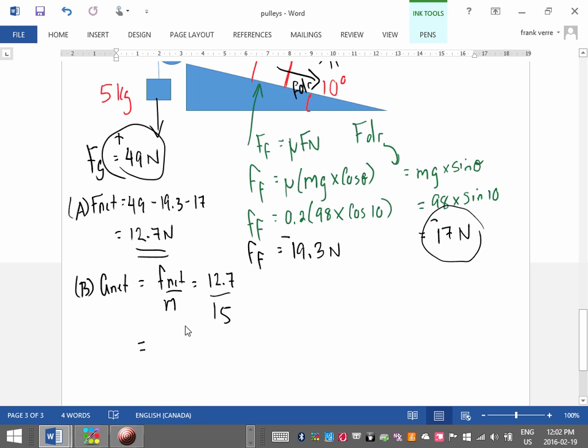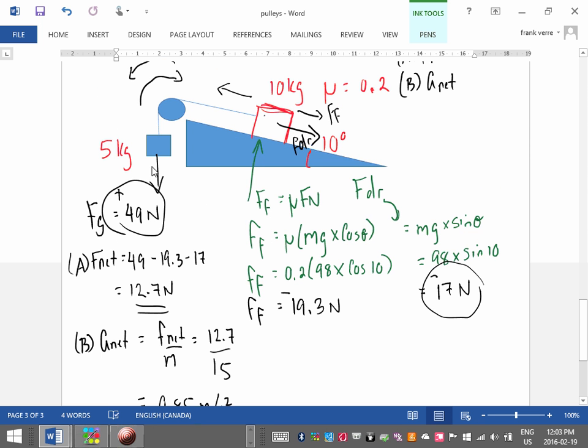So that would be what? 0.85. Okay, so 0.85 meters per second squared. That means this block is going to accelerate down at 0.85, and this is going to accelerate up the ramp at 0.85.